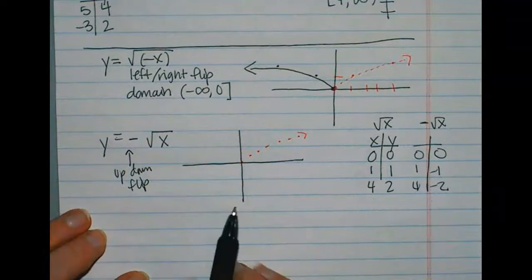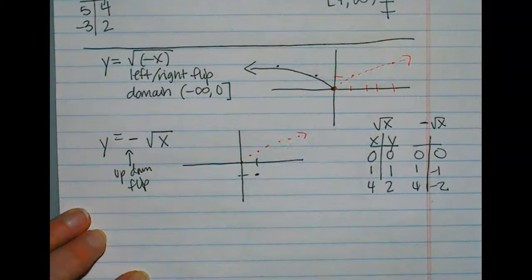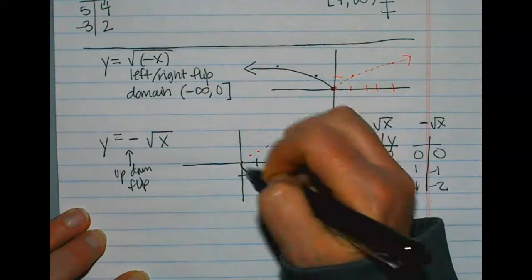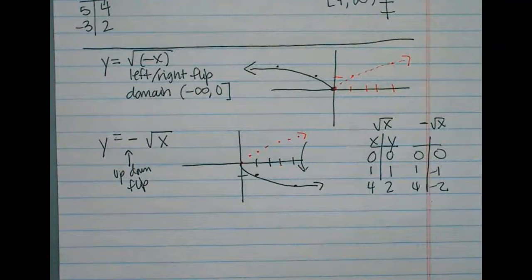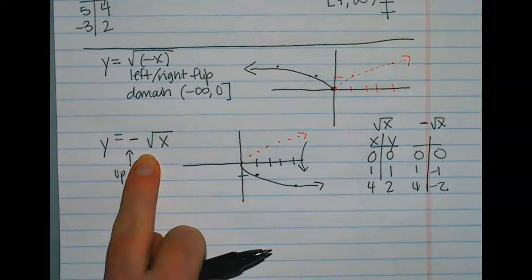So we go to these values, 0, 0, 1, negative 1, 4, negative 2, and it's flipped vertically. So the black line represents negative the square root of x.